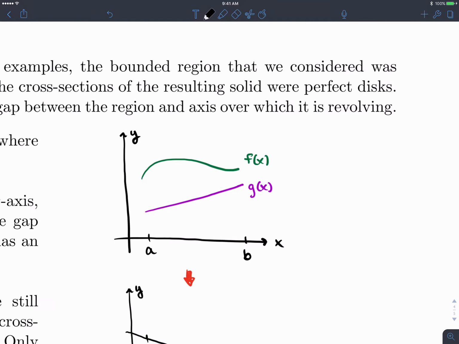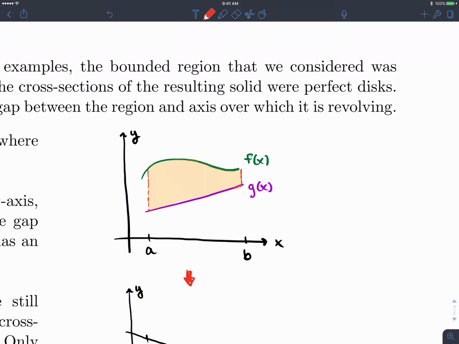So let's zoom in here. So here's our region between a and b. So this is the area that we have trapped in between these two curves over that region from a to b.